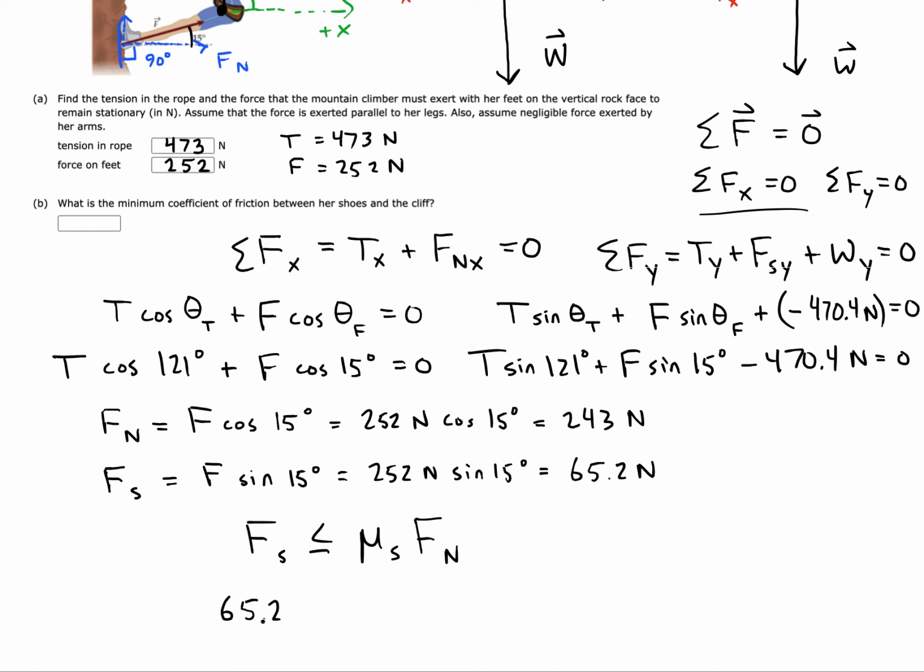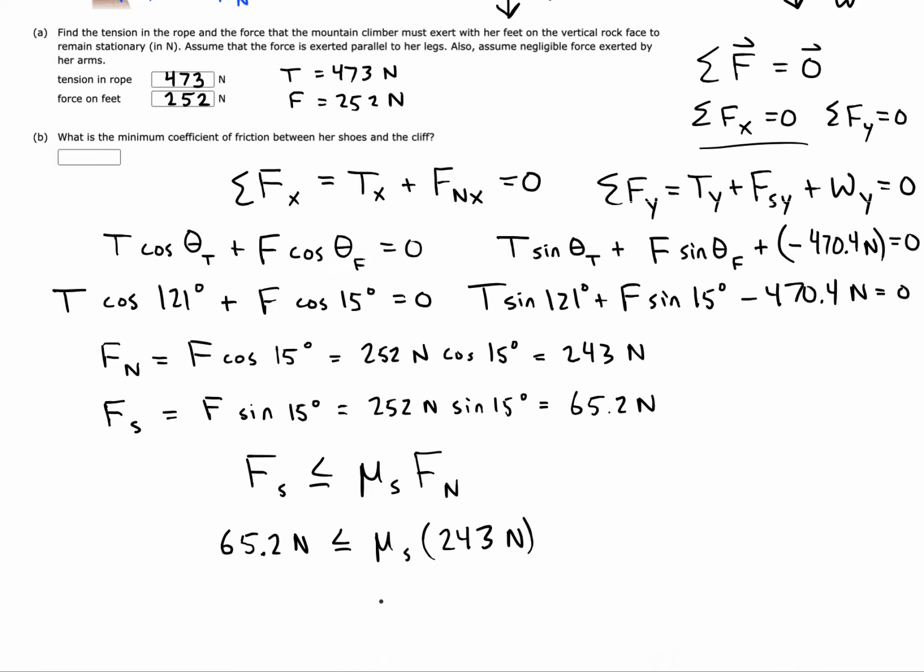So this is how much static friction she has right now. And the normal force pressing her feet against the cliff is apparently 243 newtons. So if we solve, I get 0.268.